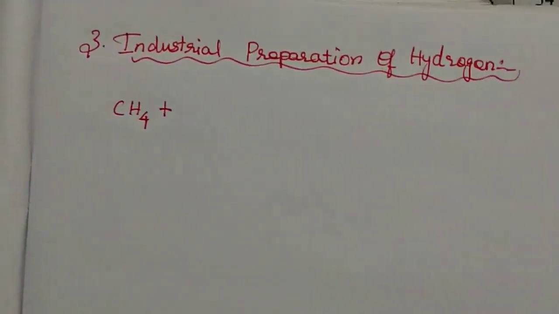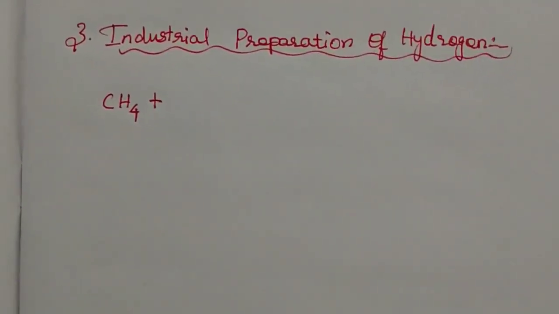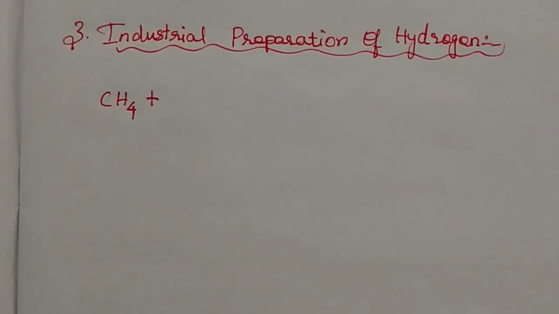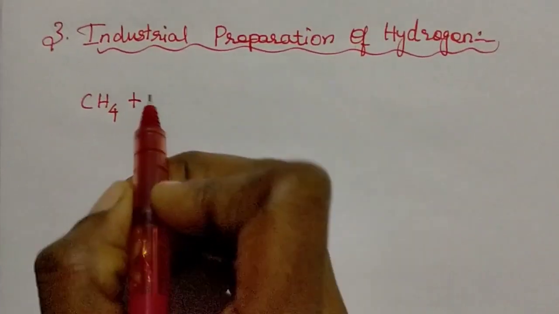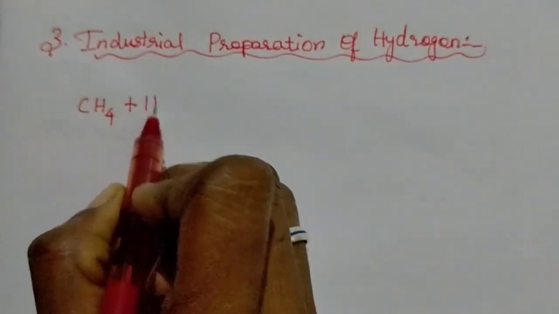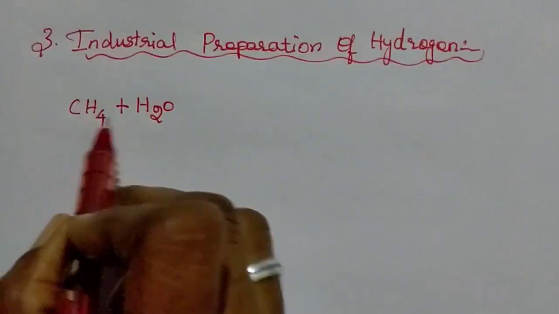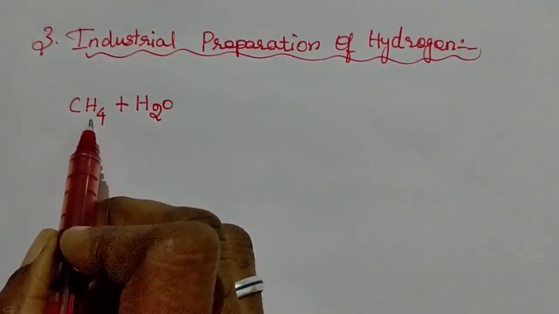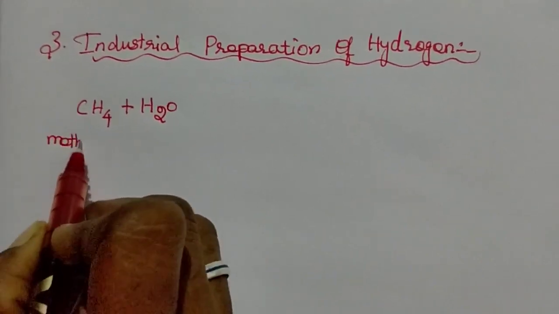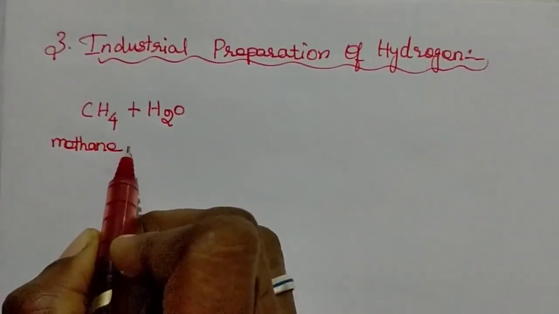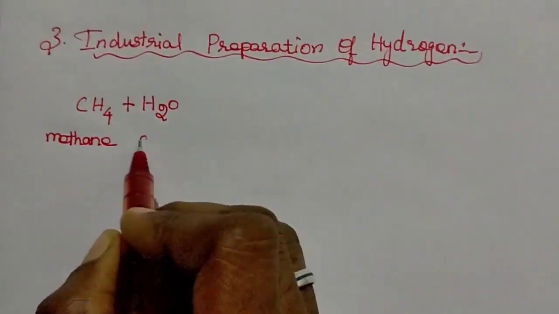If you heat some amount of water, then after boiling of that water you will get water vapor, that's steam. So steam contains water molecules reacted with the hydrocarbon. Which hydrocarbon did we take here? Methane. Methane is passed through steam.